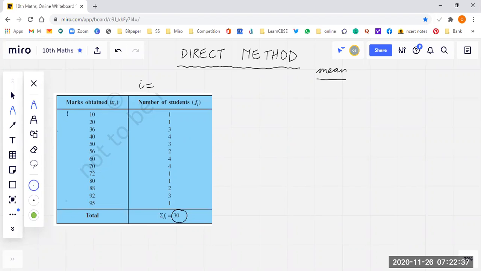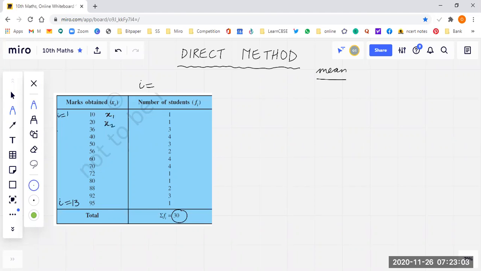So value of i here is 13 and value of i is 1 here. So in a way we can say that this is x1, marks obtained. Now, x1 is not actually the marks obtained by the first student, rather it is the first listing in the data. So this is x2.